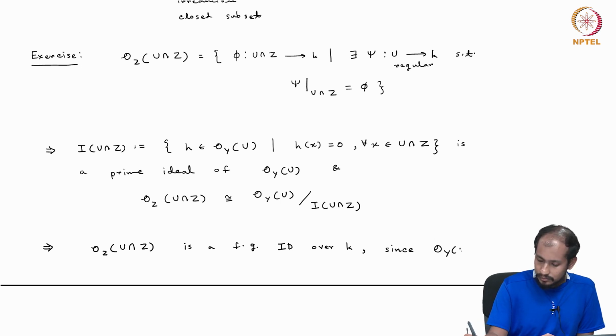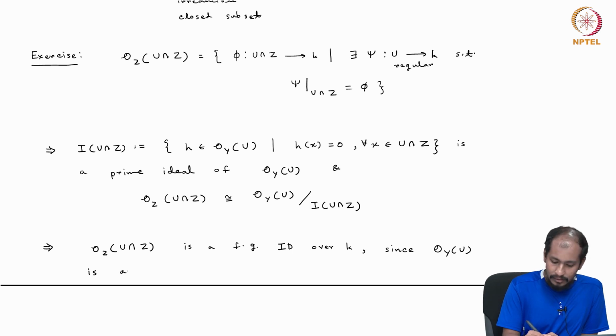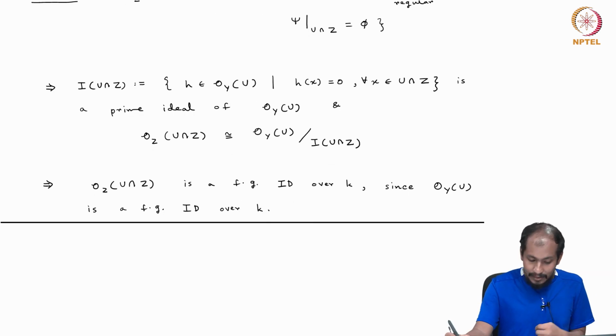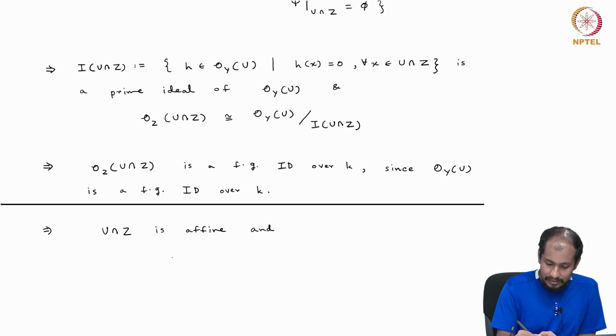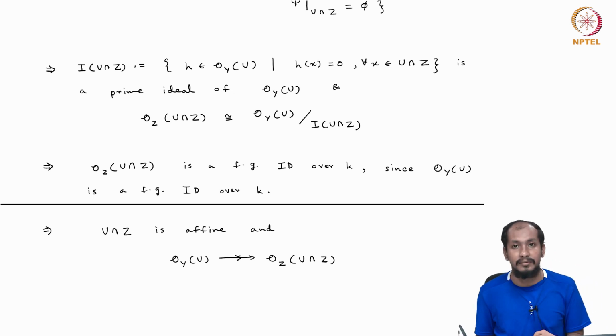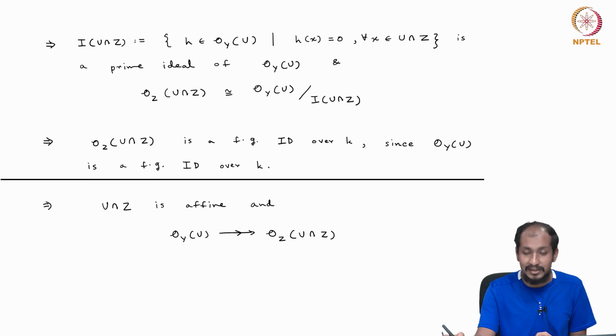Now from here, this implies that O_Z(U intersection Z) is a finitely generated integral domain over K, since O_Y(U) is a finitely generated integral domain over K. Okay. So this implies that U intersection Z is affine, and this O_Y(U) to O_Z(U intersection Z) is actually a surjective K-algebra homomorphism.